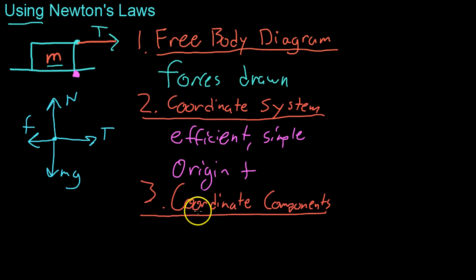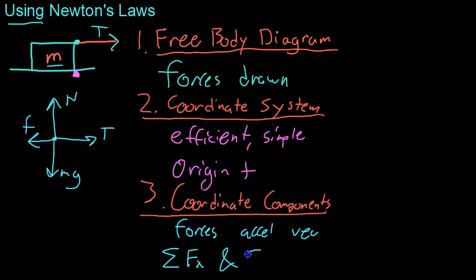Now the last thing you want to do is basically break up forces, accelerations, any sort of vector into its coordinate components. So you want to do the sum of the forces in the x direction as well as the sum of the forces in the y direction. Don't operate in complete vector form.